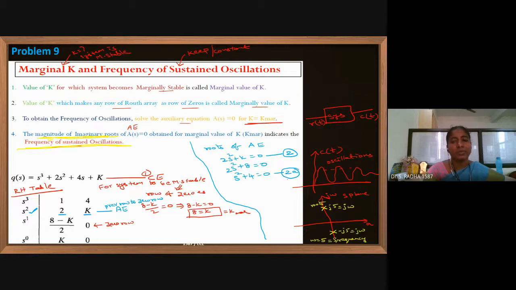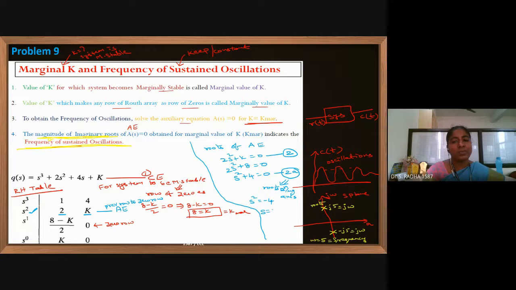Now we will find the roots of this 2a. Then that is called roots on the imaginary axis, which we will calculate from the auxiliary equation. Now s square equal to minus 4.